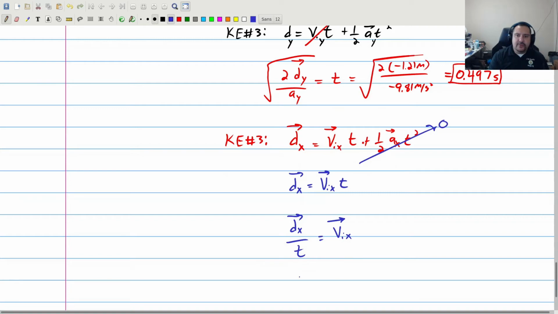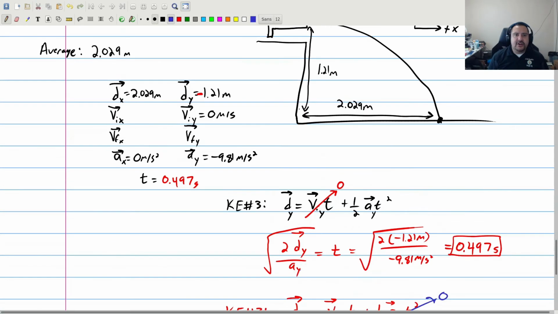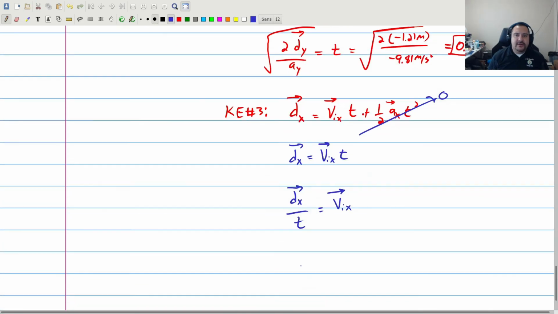This is going to be equal to my distance in the x direction on average, 2.029 meters, divided by my time, 0.497 seconds.